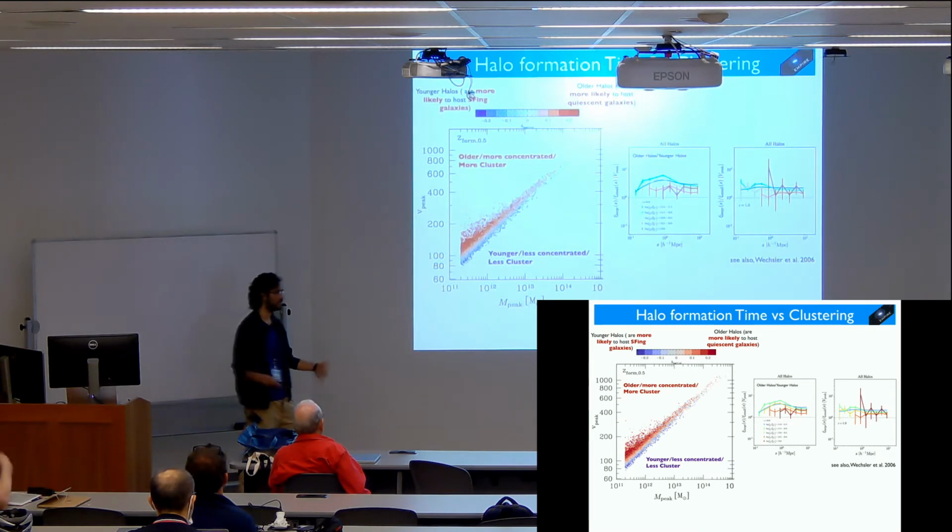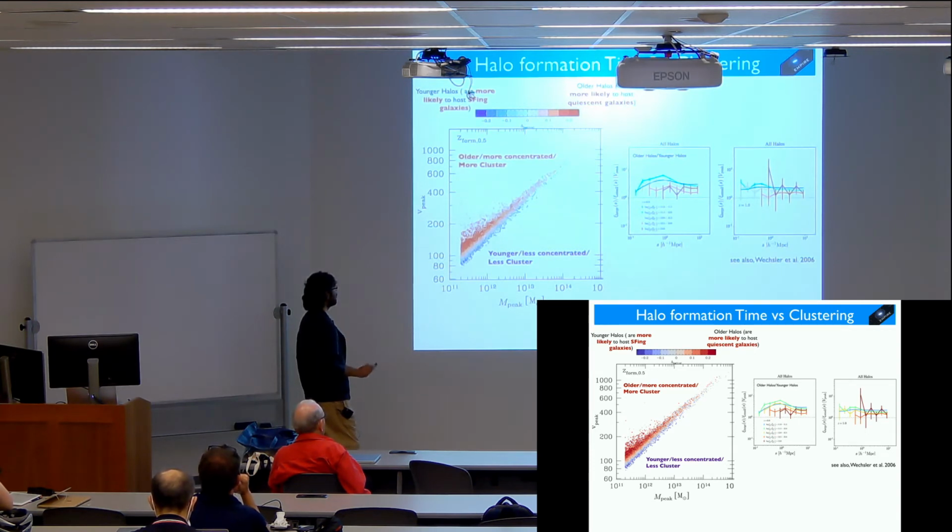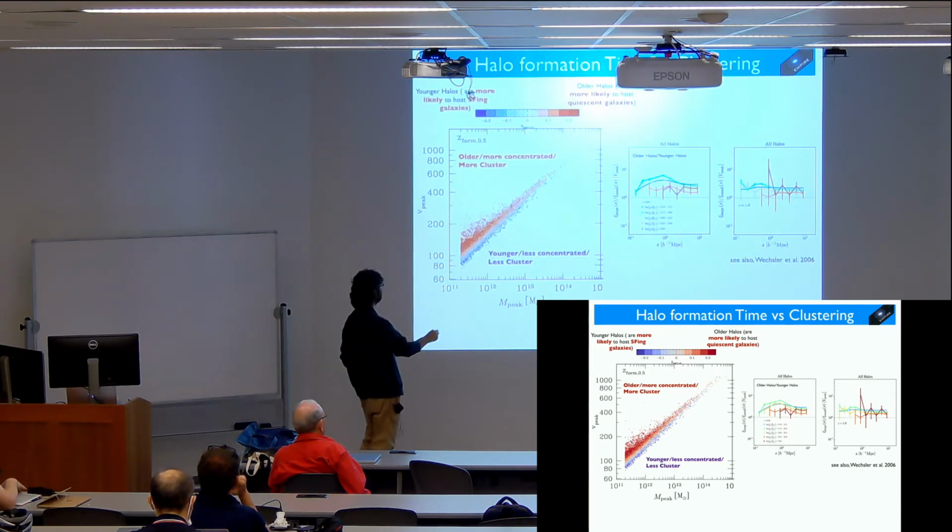Well, this is actually not new. There is this paper by Risa Wechsler where they found that older halos, meaning more concentrated halos, will imply that we'll have a larger V peak, okay? So what we are also showing here is that if we compute the median relation here and we divide into two populations, the population above the median and below the median, and we compute the two-point correlation function for those populations in halo mass bins, the ones that are older tend to be more clustered than younger halos.